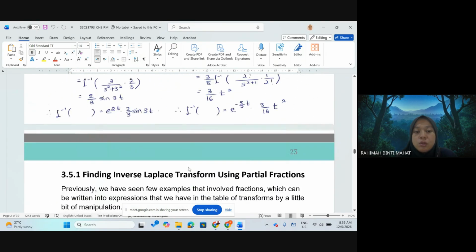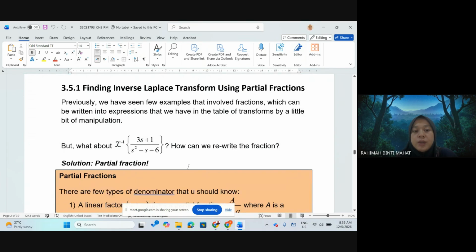Okay, so today we are going to find the inverse Laplace transform using the partial fraction. Hopefully you can remember it, since you already learned partial fraction from basic mathematics, maybe calculus or something like that.